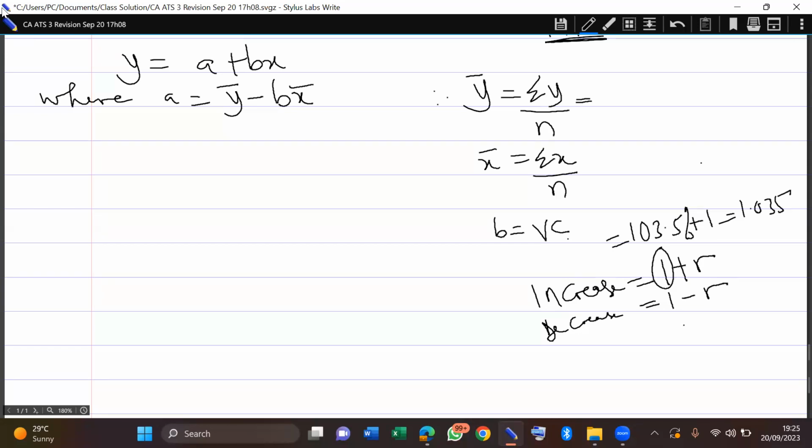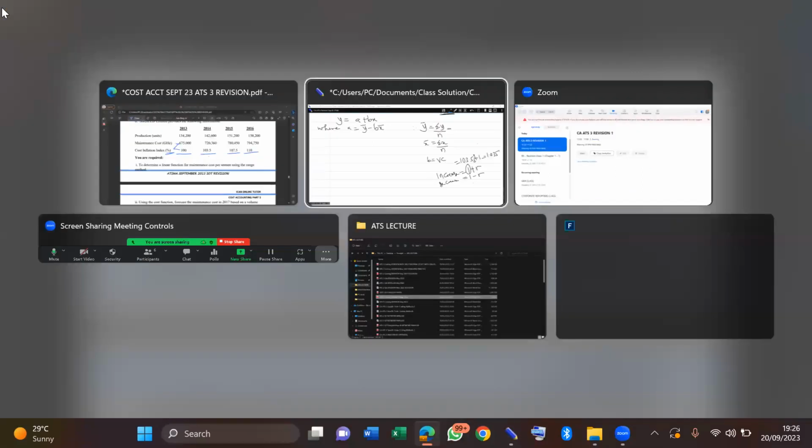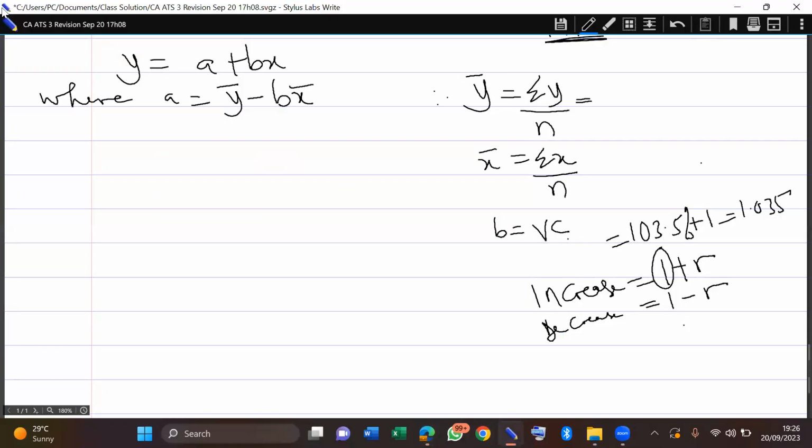They have already added it. So for us to get the inflated factor, cost inflation index 100, 103.5, they've already factored in the inflation. So we have to remove the inflation back.